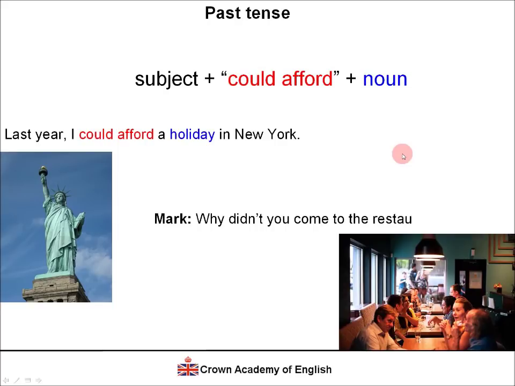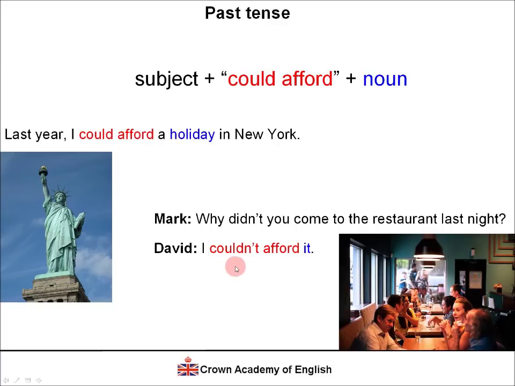And let's look at an example of the past tense in the negative. So Mark is asking, why didn't you come to the restaurant last night? So David replies, I couldn't afford it. So this is the past tense negative.